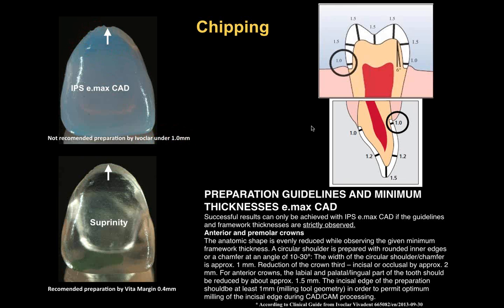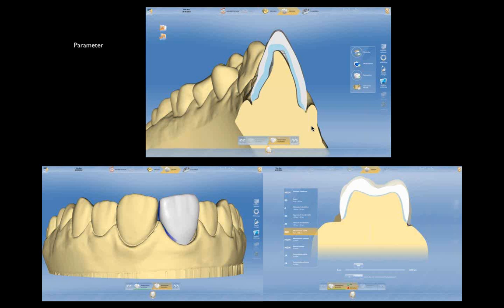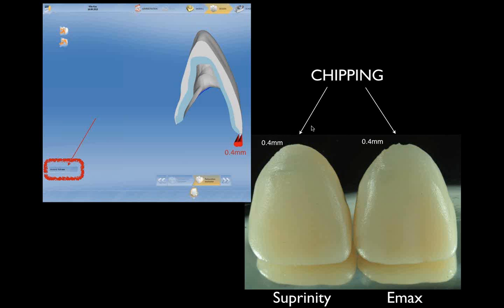But then I started asking the question, so how do I do a veneer which is very thin on a milled Emax if I can't go under 1 millimeter? So that question comes up. So usually we end up milling thinner, and then we get this problem. Here, that was the restoration which I showed you before, just to show down here, somewhere it always ends up very, very thin.